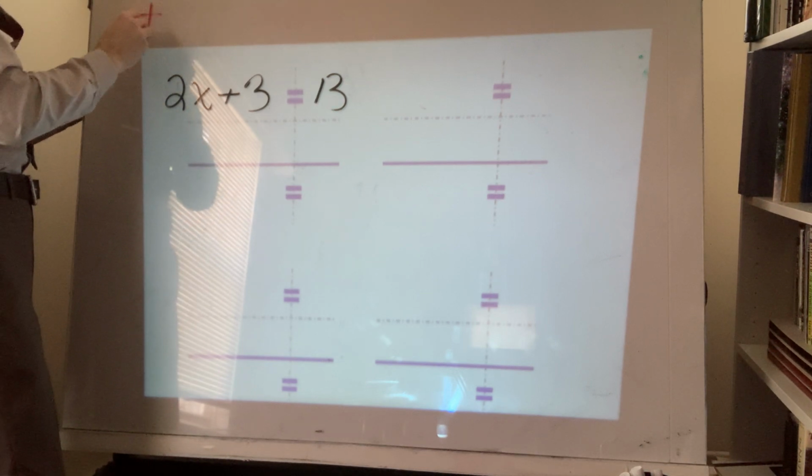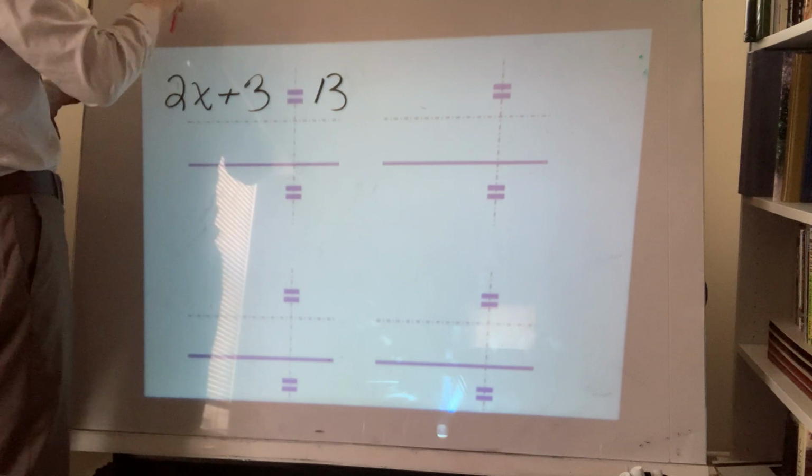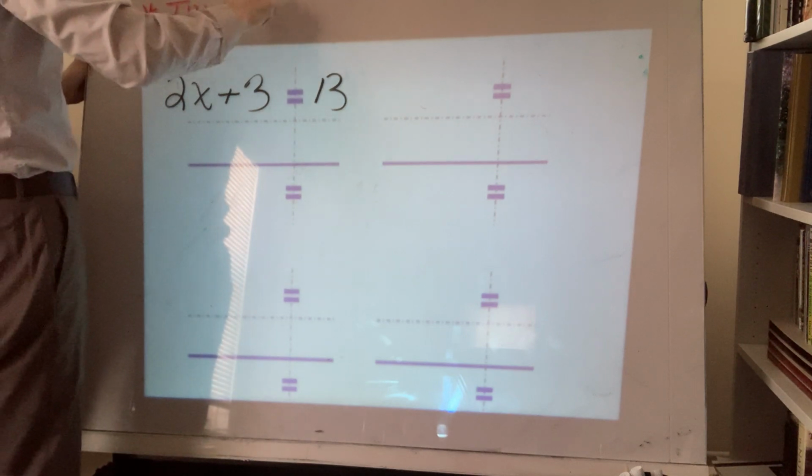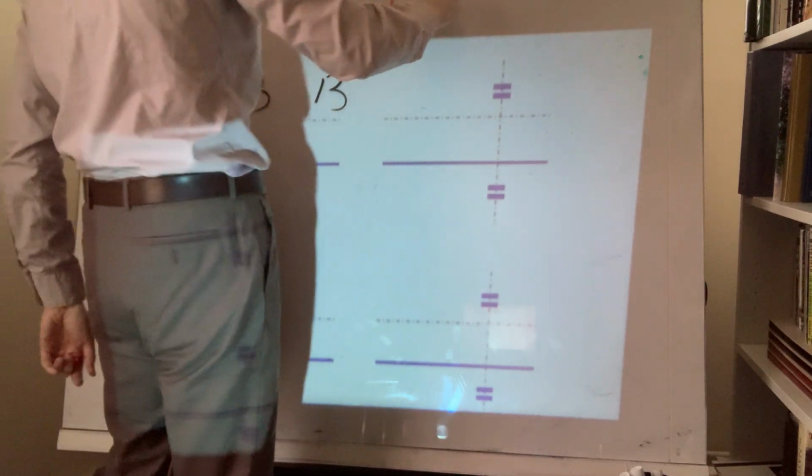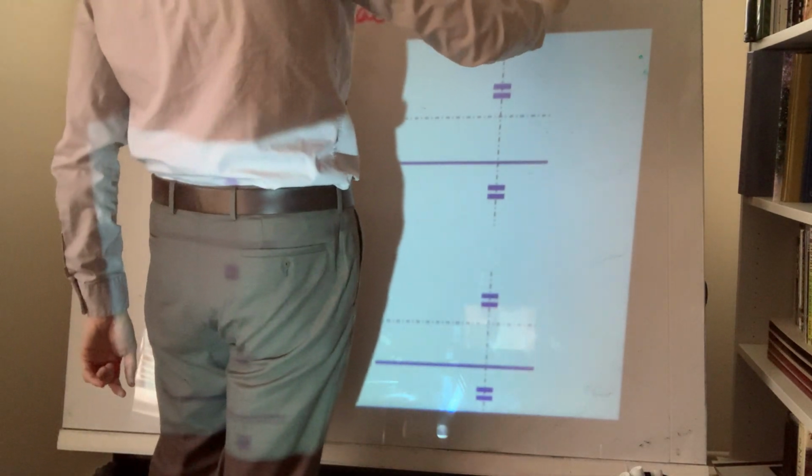But as a preliminary step, try to simplify each side independently first.